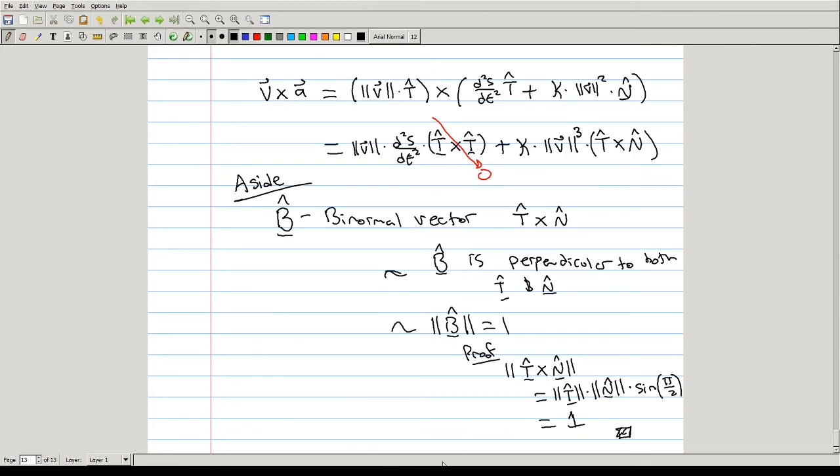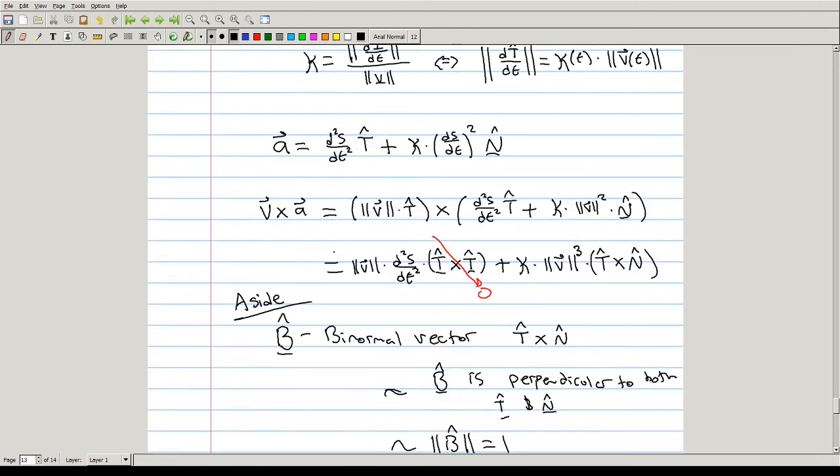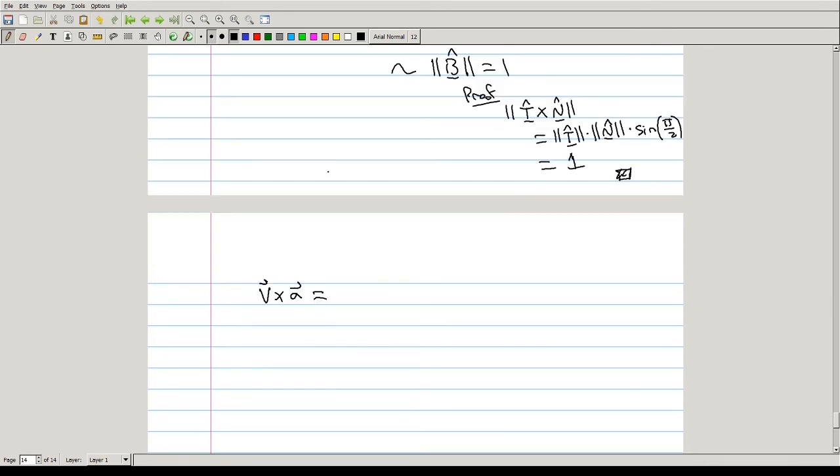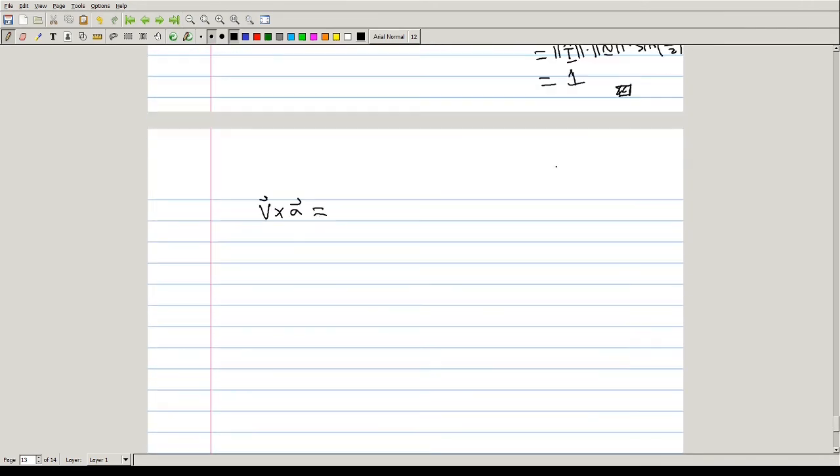But getting back to what we were doing before, we now have a simplification. We've shown that the cross product of the velocity vector with the acceleration vector is in fact equal to the curvature times the velocity vector magnitude cubed times the unit vector b, or the binormal vector.